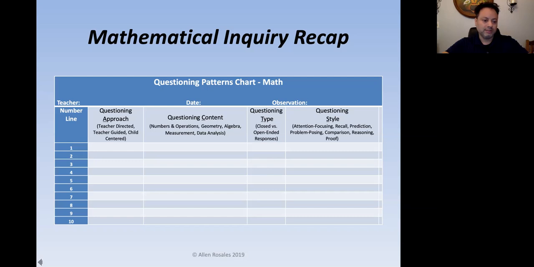The first one is just the number line. And that just means, remember that we record teachers' interactions with children. You can do that yourselves, you can videotape or audio tape. What we did is we recorded teachers for about 10 minutes in the block area or water table area and so forth. And then we transcribe all the questions that the teachers asked.